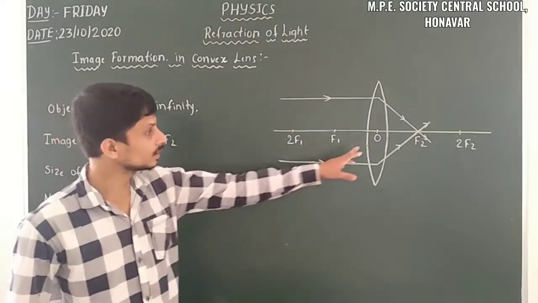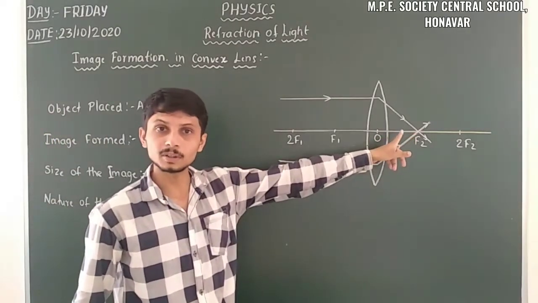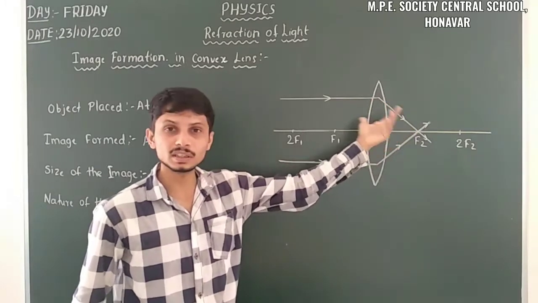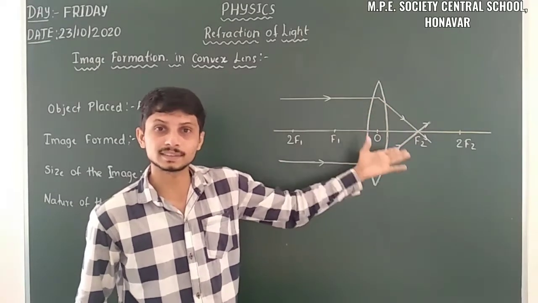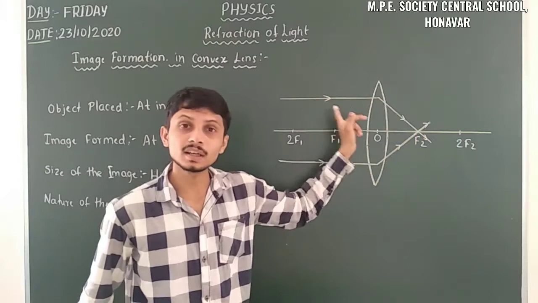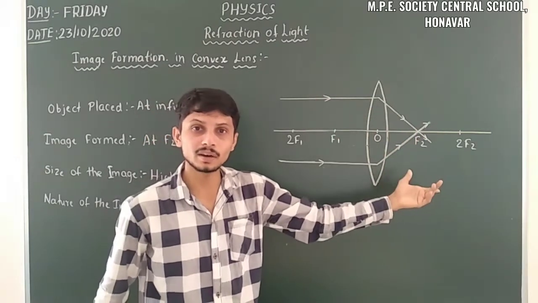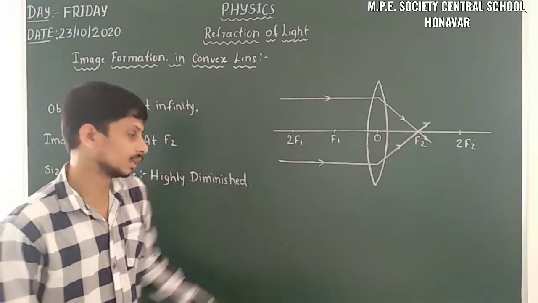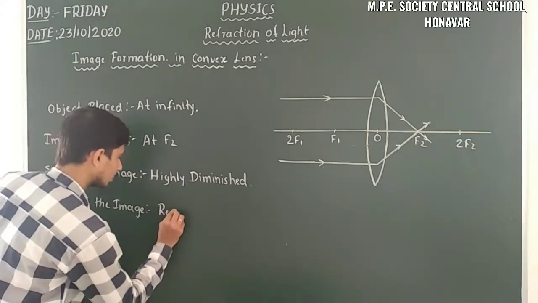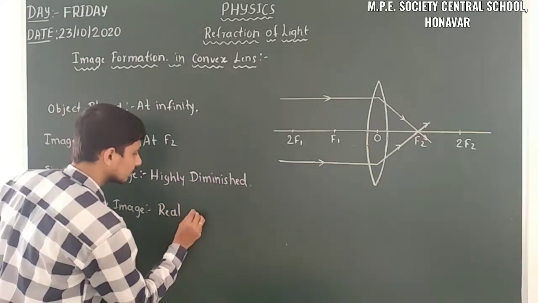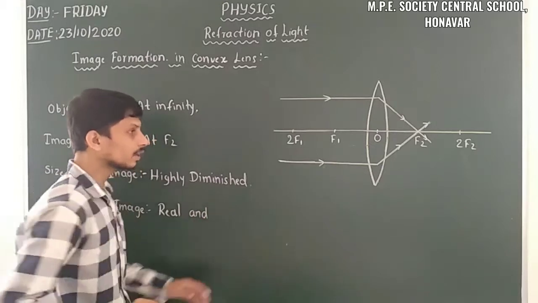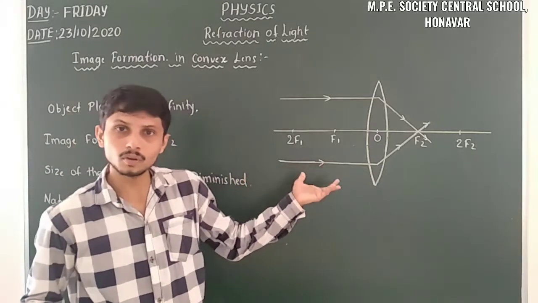The nature of the image is real, because here there is no dotted line or extended line. It's only the real line. So that's why we take it as a real image. Real, and here we can't distinguish whether it is inverted or erect.